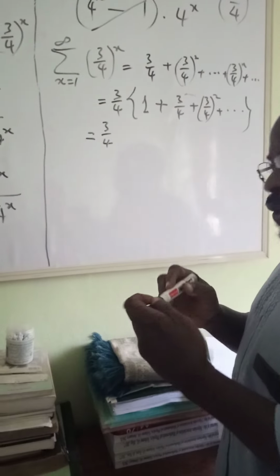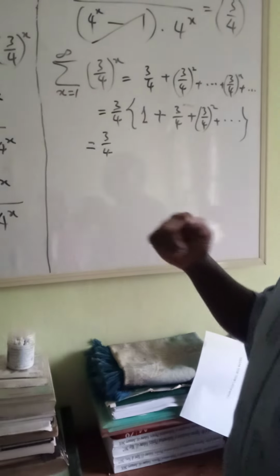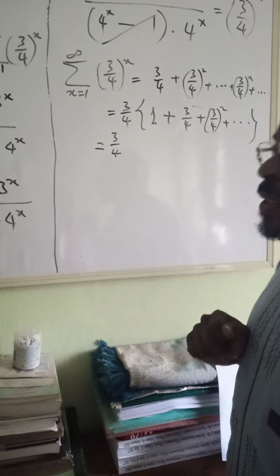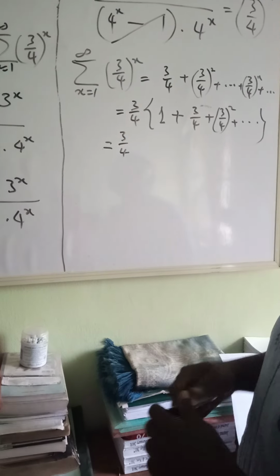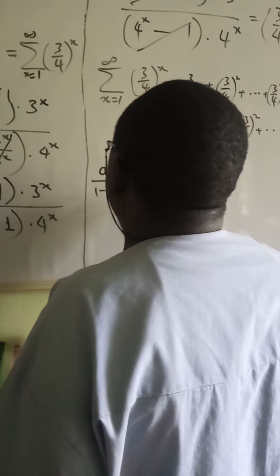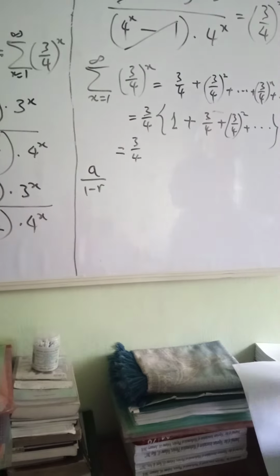And I know the sum to infinity of a GP whose first term is A, common ratio is R, is A over 1 minus R as it sums to infinity. I know that.